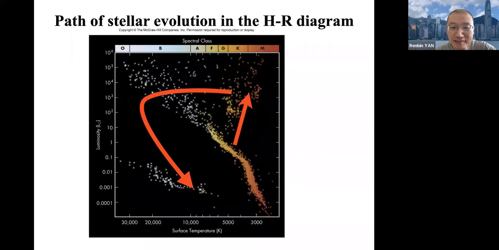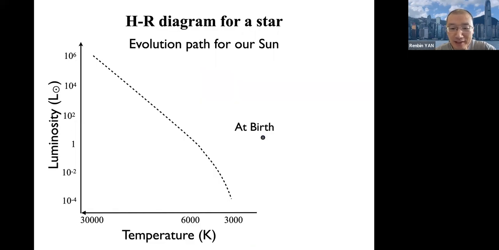So for a star, what it does is move its position in the HR diagram in terms of luminosity and temperature. When a star is formed, it does not start on the main sequence; it starts somewhere cold. When a star is first formed, it is not as hot as when it starts hydrogen burning. When it starts hydrogen burning, it will get onto the main sequence.